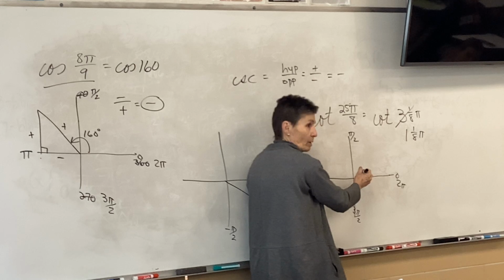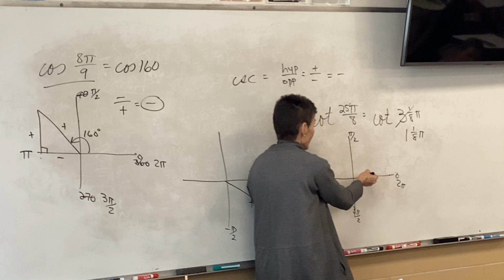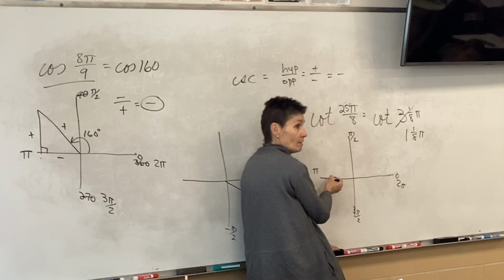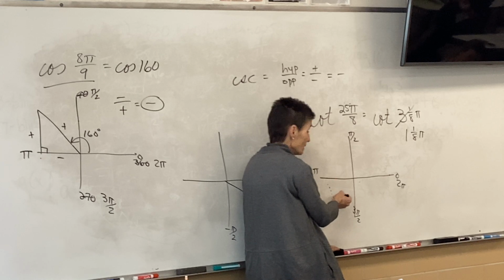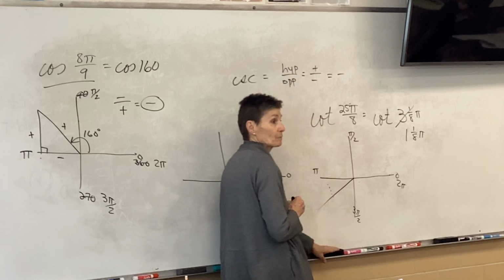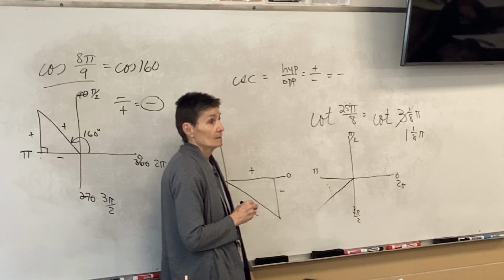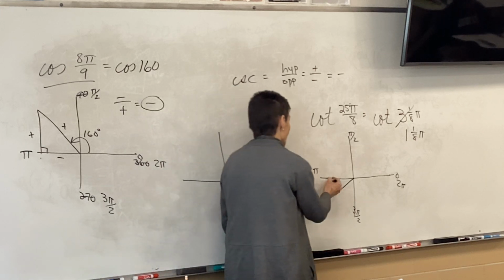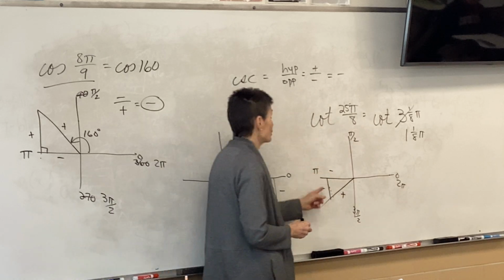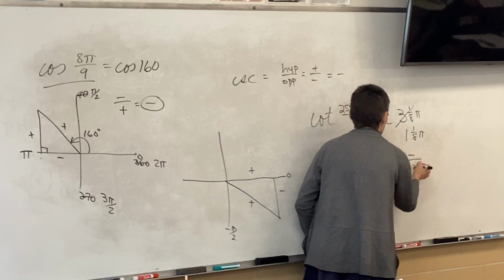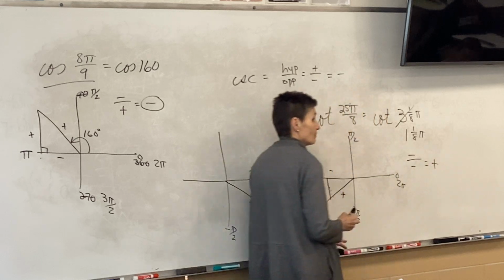If I go all the way around, and then a whole pie would put me over here, and it's less than half, and then an 1/8 more. So it's in quadrant 3. Negative, negative, so it's positive. I want cotangent, which is adjacent over opposite, so that would be positive.